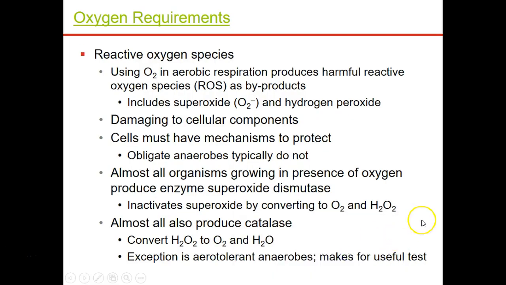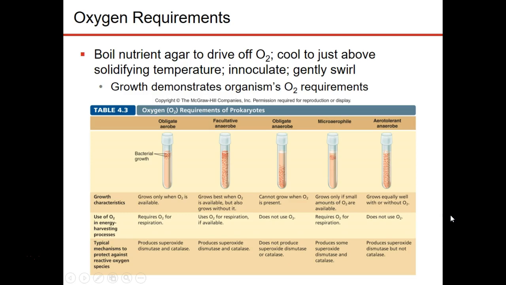There we go. All right, so let's look at the different oxygen requirements that our bacteria may need. Typically, when you're trying to determine your bacterial cells' oxygen requirements, you use an agar, well, kind of an agar, called fluid thioglycolate.